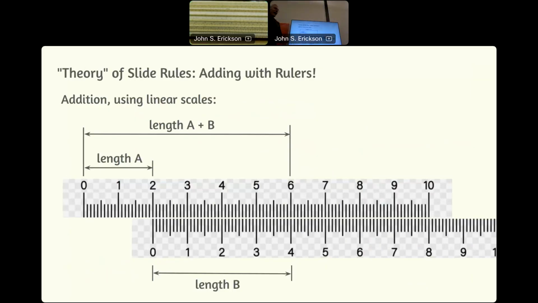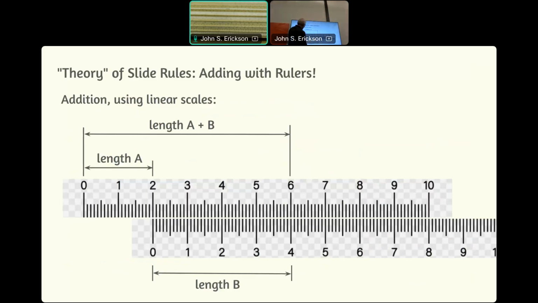So how do slide rules work? Slide rules are about having two scales that are measured off using some format. If we have a linear scale and we want to add numbers together, imagine we have two rulers, and we take a length, in this case 2, and another length, in this case 4.